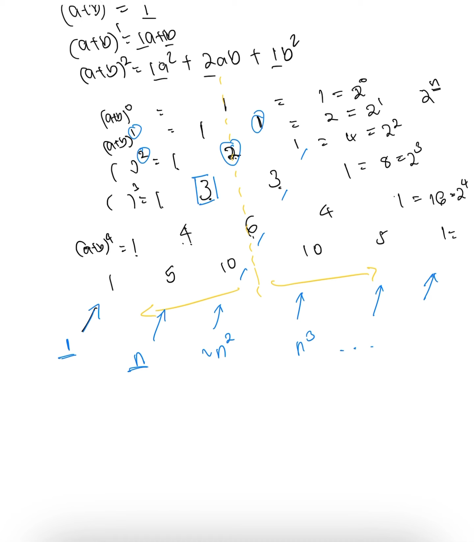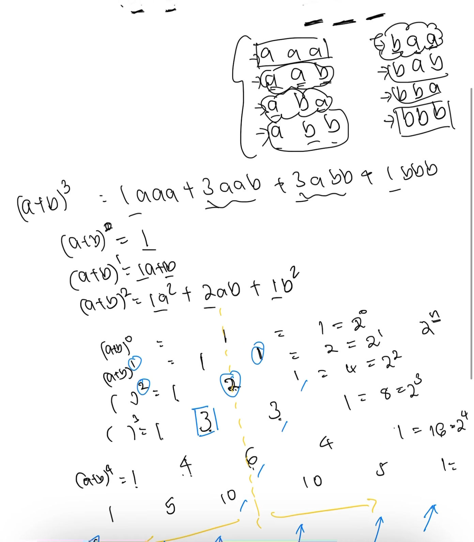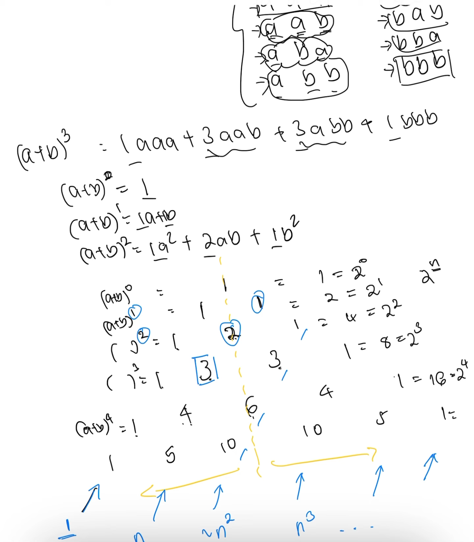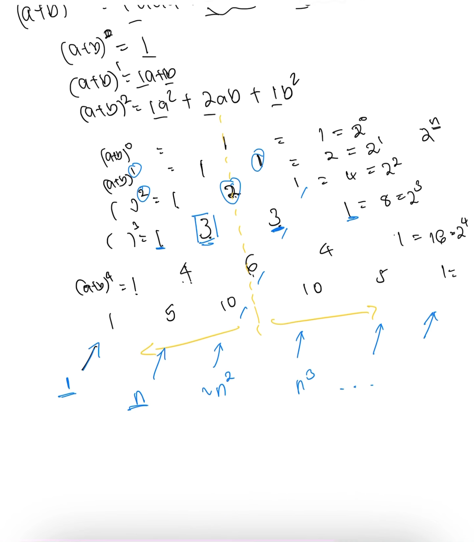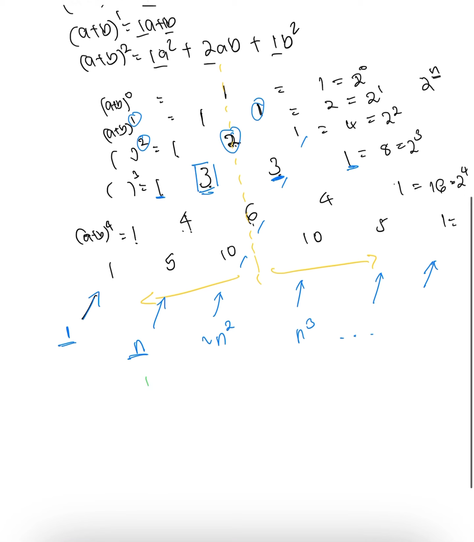In our example where we had three times, this is the number of ways of choosing such that there is no B, but all of them are A's. The next number is the number of ways of choosing 2 A's and 1 B, then the number of ways of choosing 2 B's and 1 A, then the number of ways of choosing 3 B's and no A. So this is where the term is introduced, n choose r, which is also written as nCr.